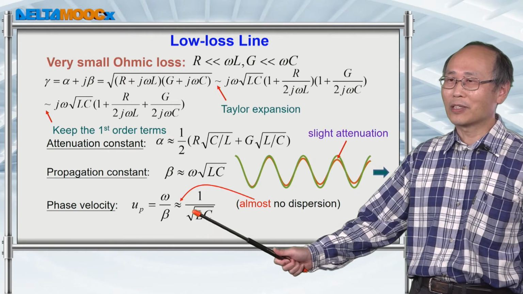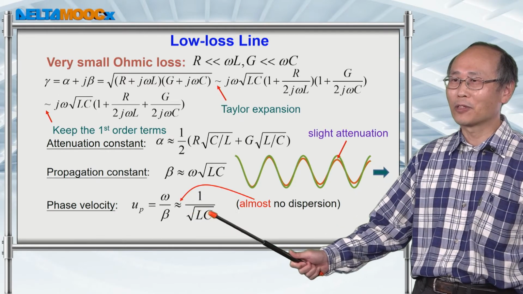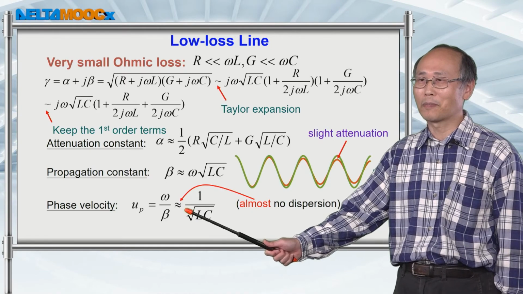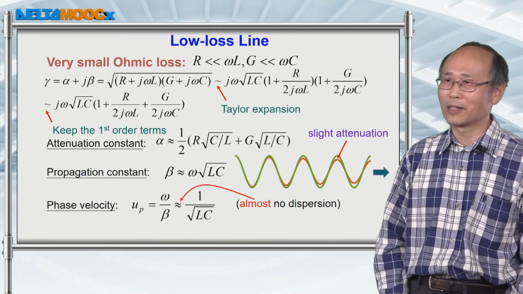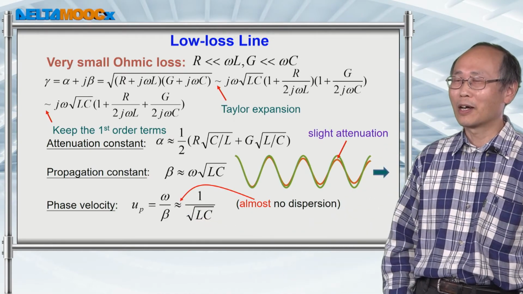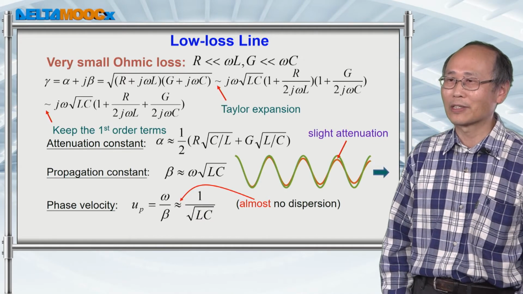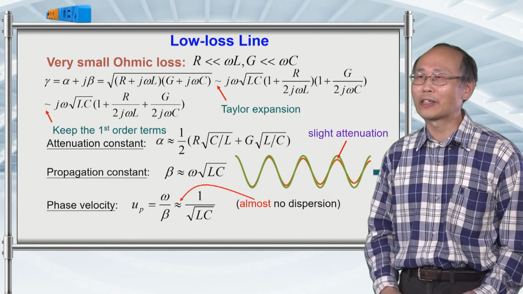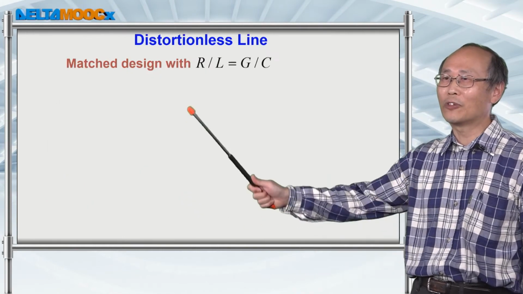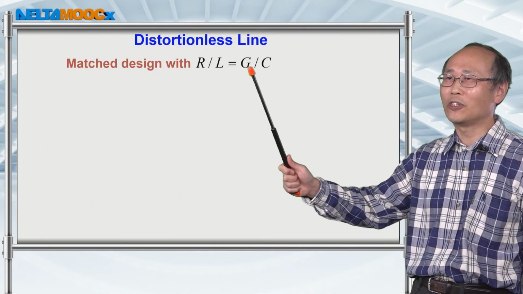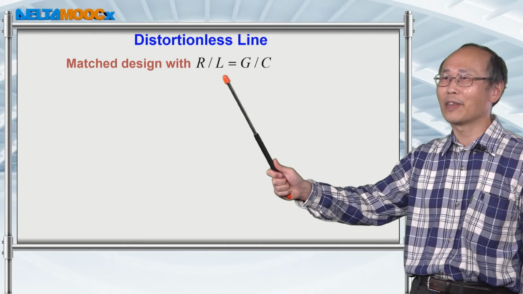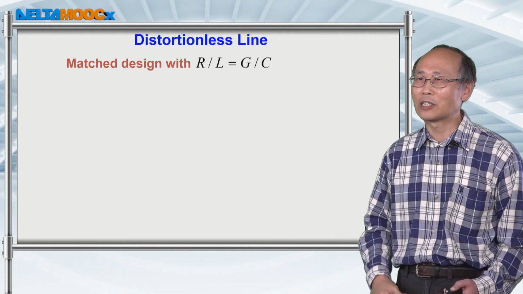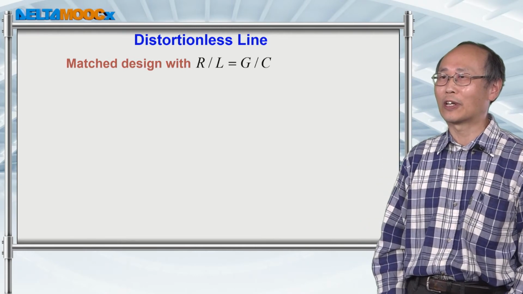And you can see a little bit of struggle here to make a conclusion, because this is the approximation, but not the real situation. In some real situations, you cannot avoid R and G in the transmission line. But if you design your RLGC to satisfy this condition, then you can still have a dispersionless or distortionless line.